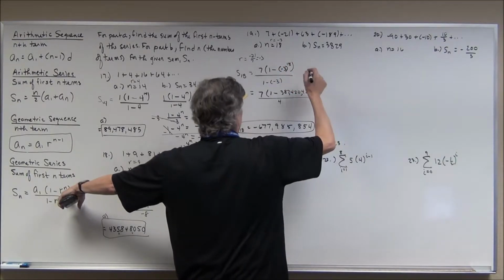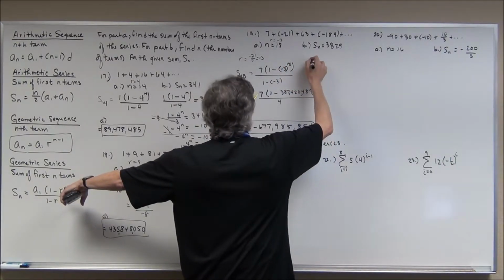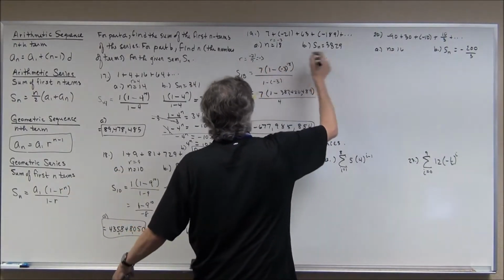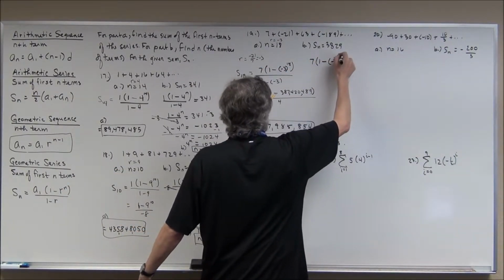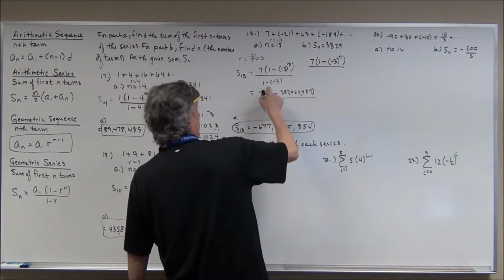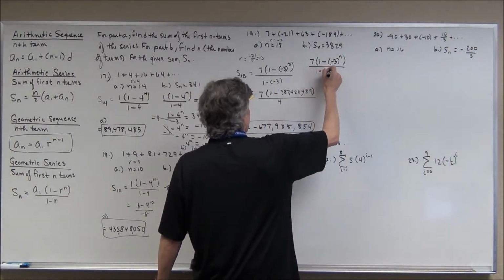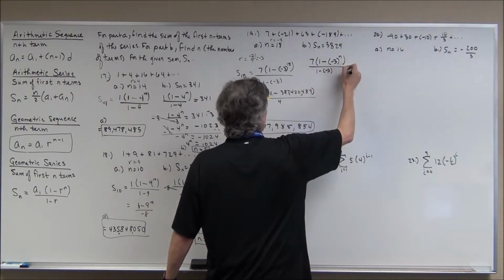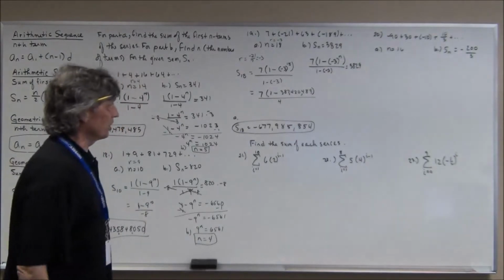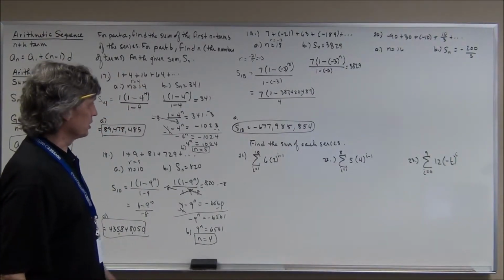I'm solving for n. So I'm going to have 7 times the quantity 1 minus, remember my ratio was negative 3 to the nth power, all over 1 minus a negative 3, and I'm going to set it equal to 3,829.